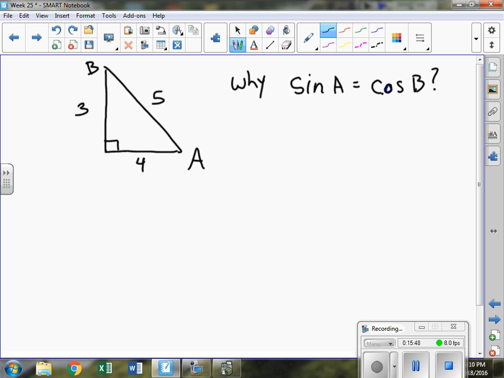Let's run through the same process, doing the verification. Sine comes from opposite over hypotenuse. Cosine comes from adjacent over hypotenuse.